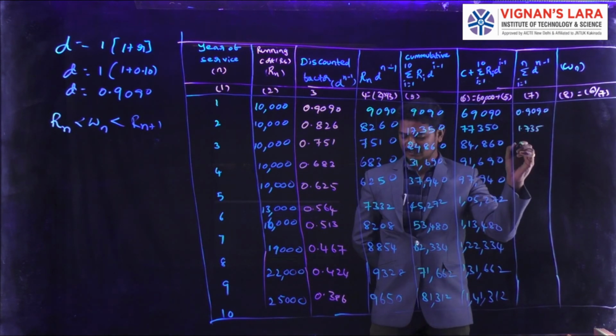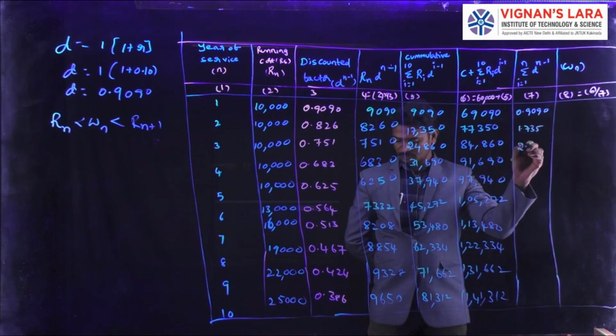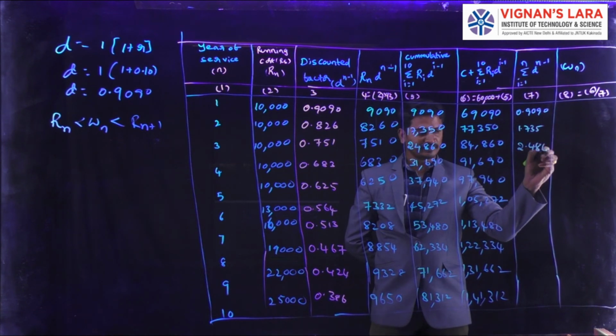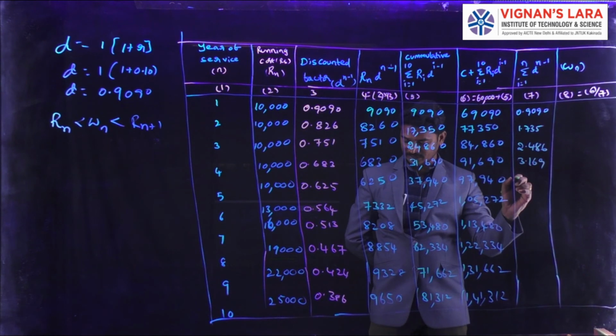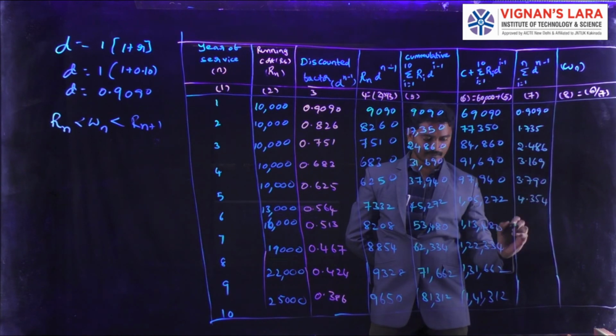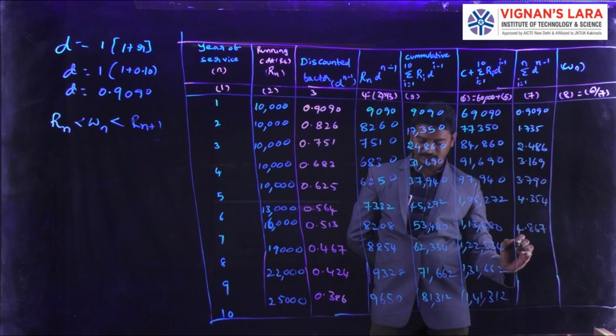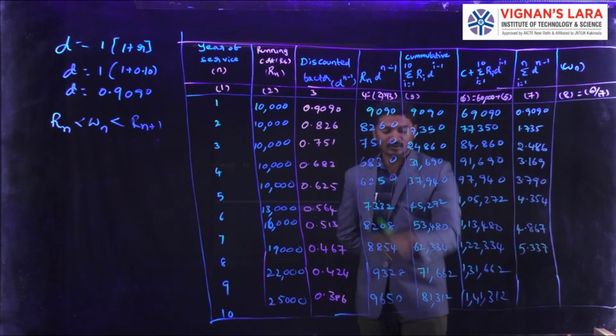Here next, here we get 2.486. Here 3.169, and here we get 3.790, and here we get 4.354. Next, here 4.867. Next, here 5.337. These are the cumulative values of the discounted factor.